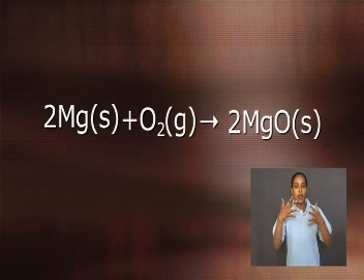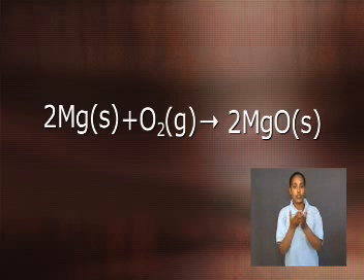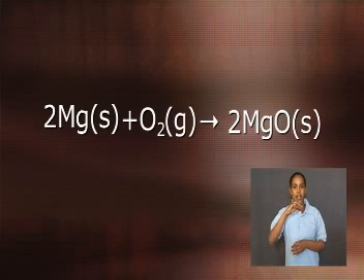The combination of magnesium with oxygen is a good example, as it involves the oxidation of magnesium. These days, the term oxidation has a much broader meaning. It does not just refer to reactions involving oxygen.